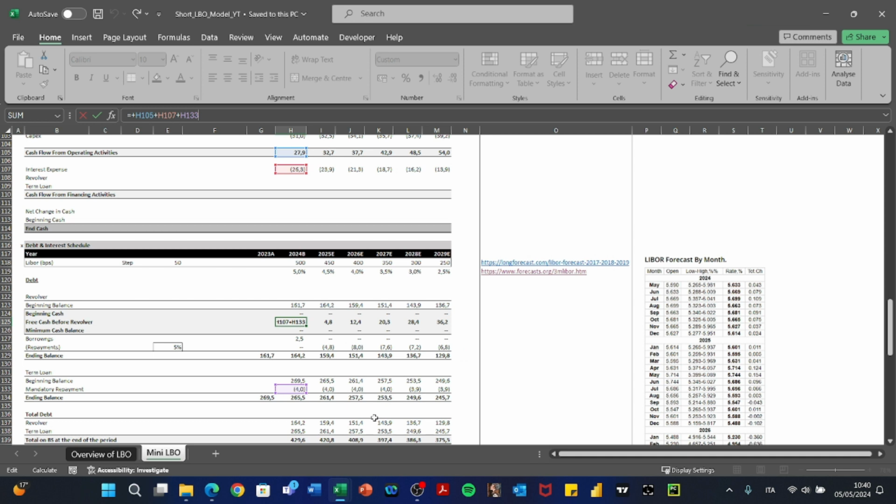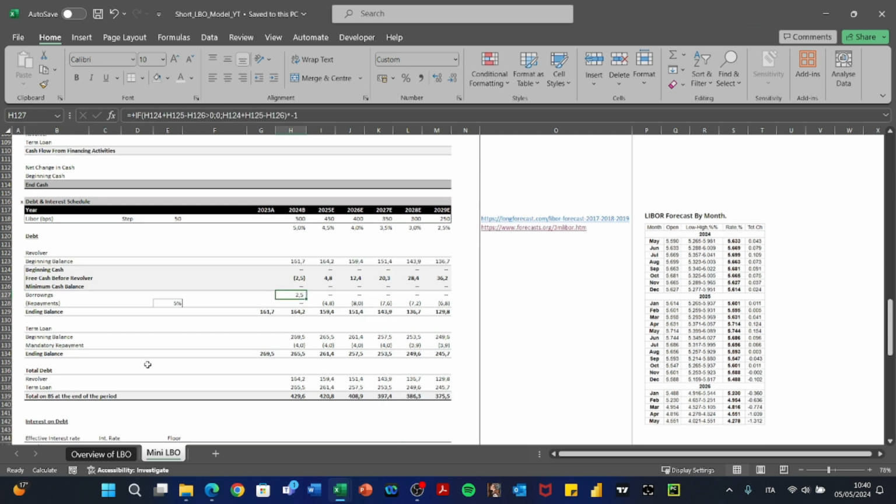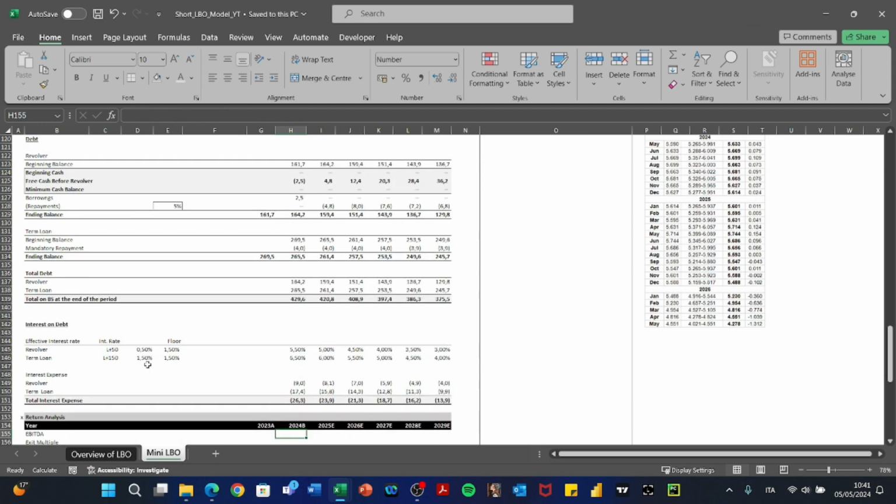Okay, so as you can see, here we have a negative free cash flow. So we're going to borrow 2.5 million from our revolver credit line. Okay.